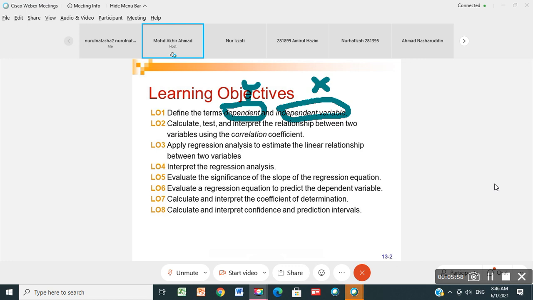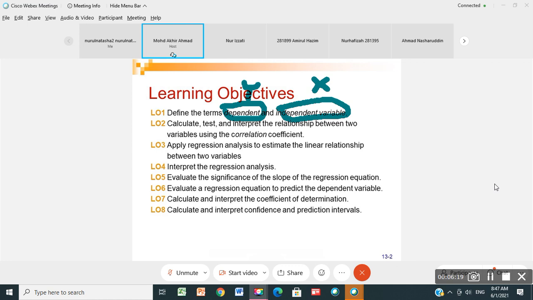We call X or Y, otherwise we call independent variable or dependent variable. In the research, usually we call independent variable or dependent variable. But in mathematics, we call X or Y. Usually it's the same.